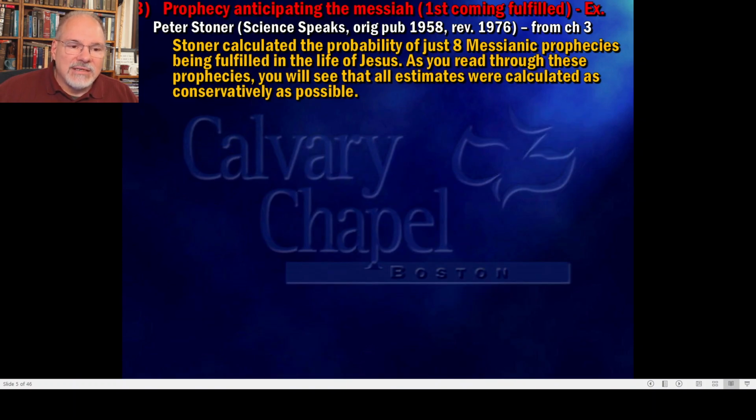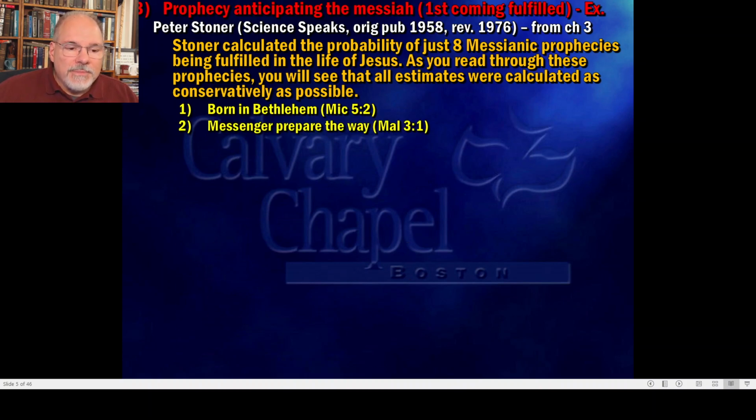With his class, Stoner calculated the probability of just 8 messianic prophecies being fulfilled in the life of Jesus. As you read through these prophecies, you'll see all estimates are calculated as conservatively as possible. These are the 8 that he used for his calculation. The person would have to be born in Bethlehem, according to Micah 5:2.